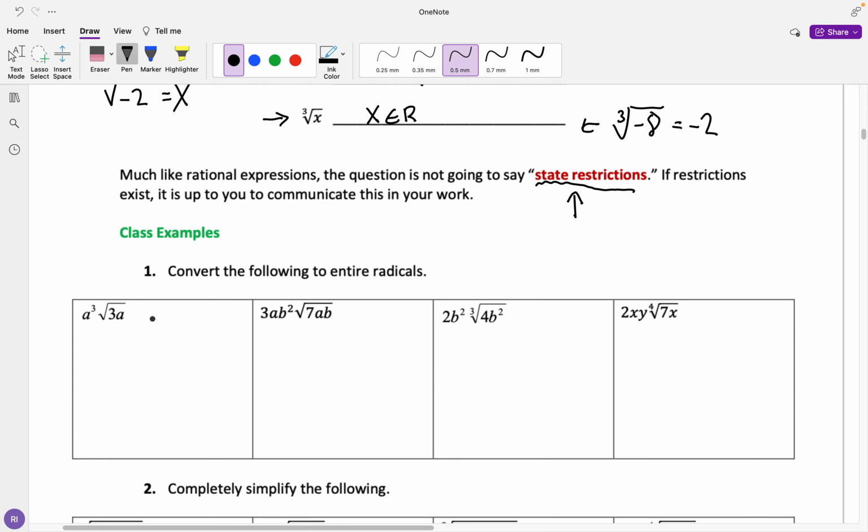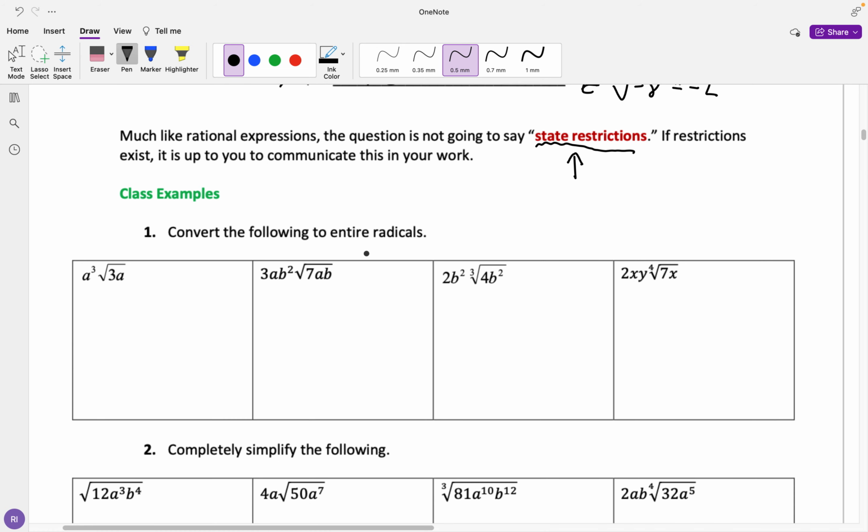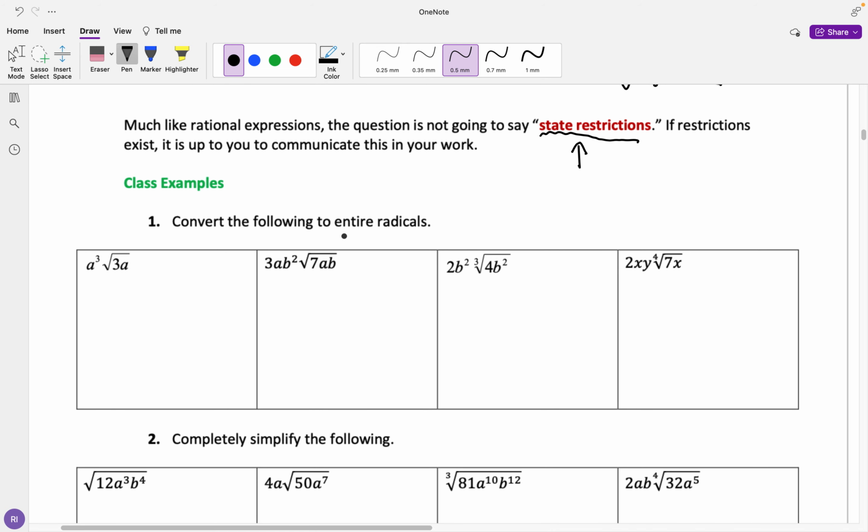If it happens at any point in our work, we have to state that there's a restriction and that the variable cannot be a certain value. So let's try this out. Right away, I can state the restriction for this one. I have a variable inside of the radical, and it's index 2, so a has to be positive.